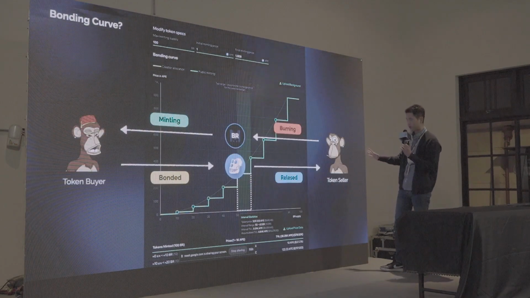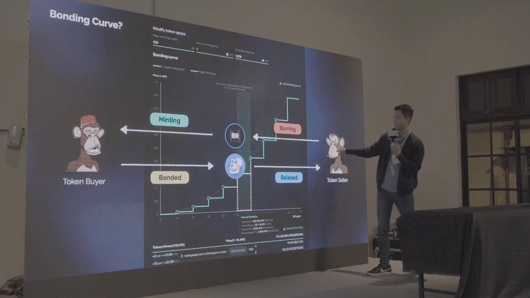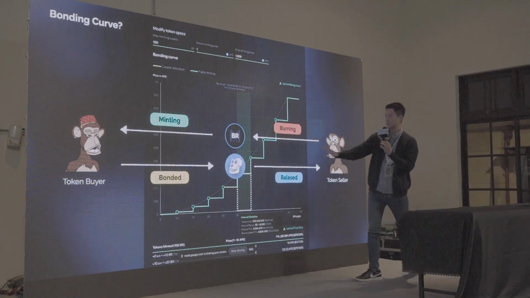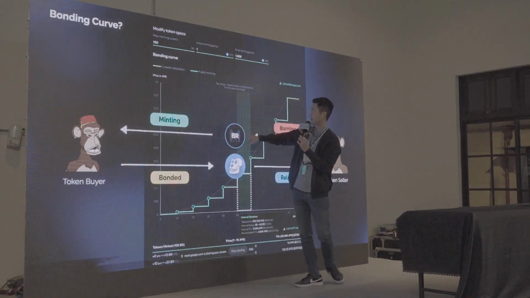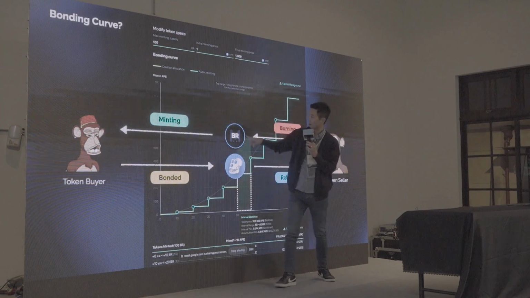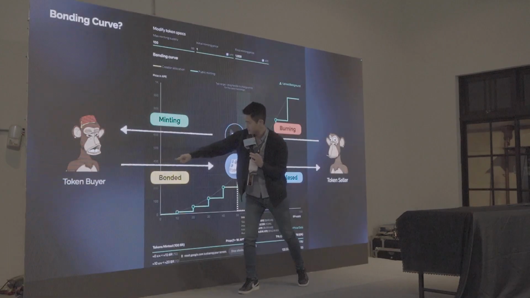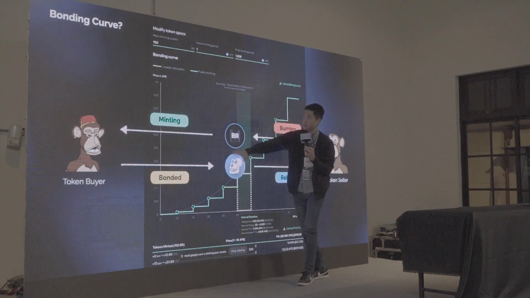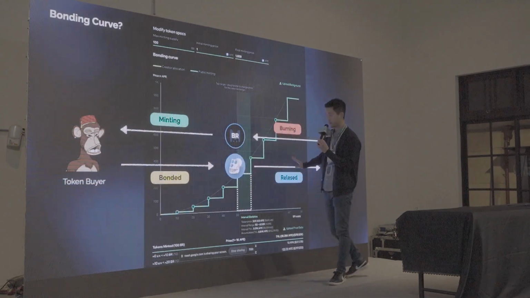So how does it work? Again, there are two tokens here. First of all, this person wants to purchase some bonding curve token. Then this token will be minted to this person, and this person has to pay the base token. Then this base token will be bonded in the bonding curve pool.